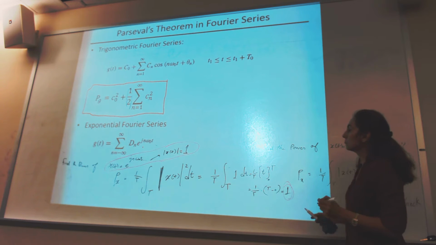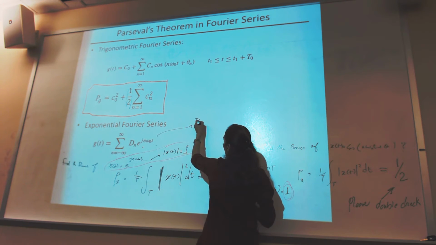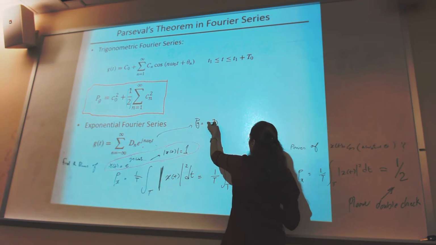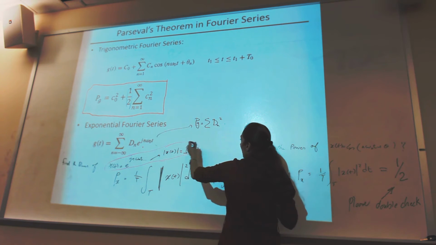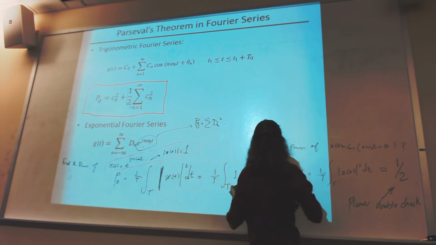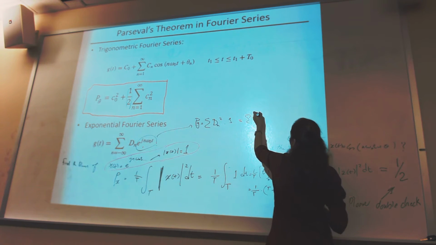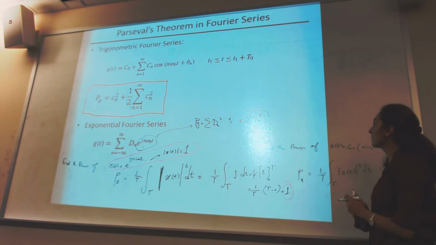Very good. So what do you think the power of g would be? The power of g is the sum of the magnitude of the constant squared, |Dn| squared, times the power of this, which is 1. So it's just the sum of |Dn| squared. Again, very easy, right?